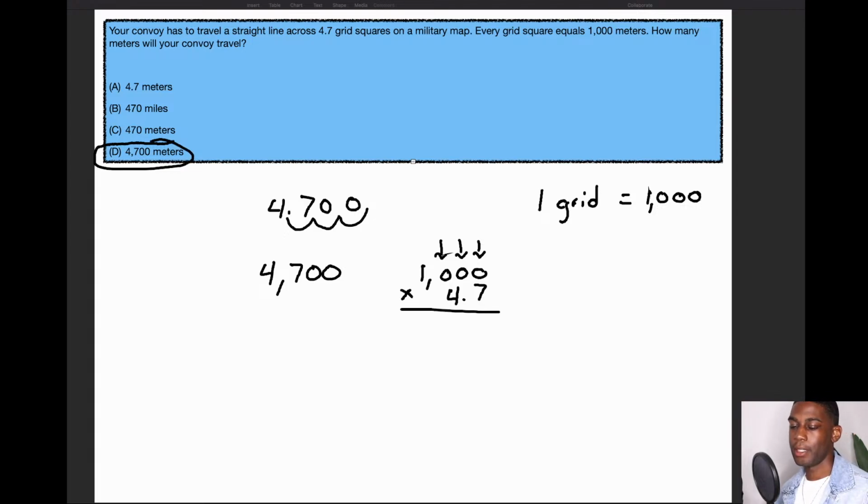I hope I didn't confuse y'all with that last trick. If we were to write this one out, 4.7, we know that 1 times anything is itself, so we have a 4 and a 7, and then these 3 zeros.